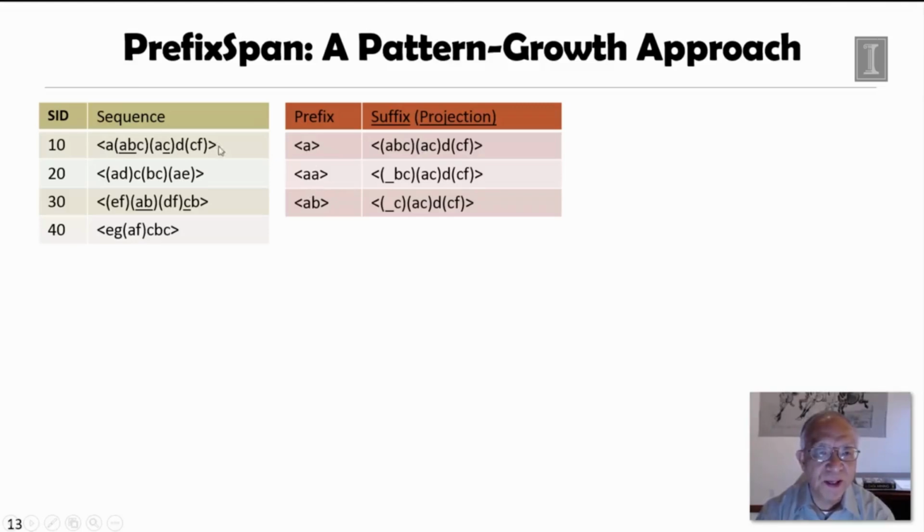Remember, if you get AA, what you see is a position holder for the next one, which is B. That's why we use an underscore as a position holder. Similarly, when you get AB, the position holder will shift to C.